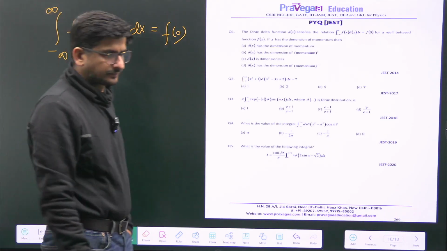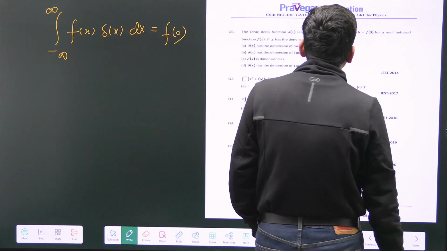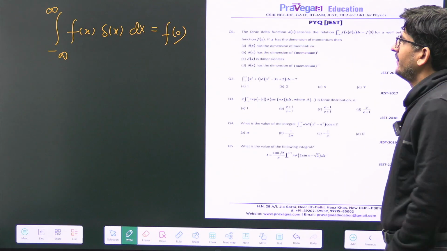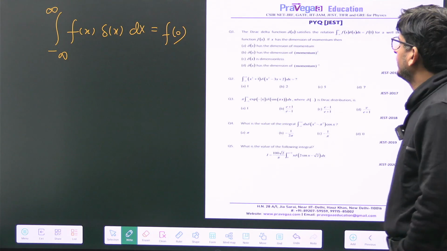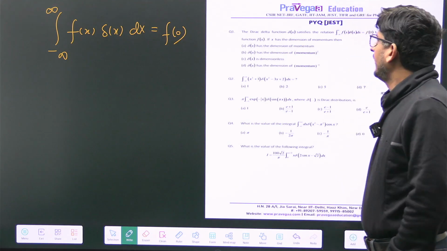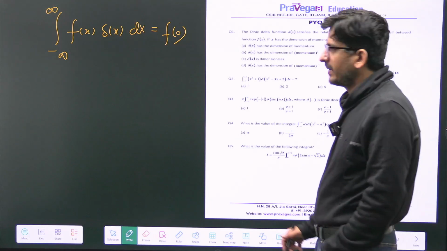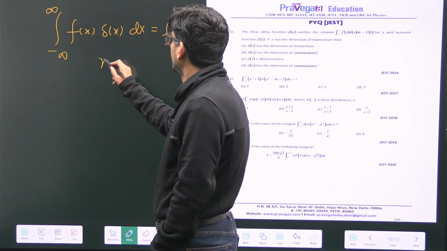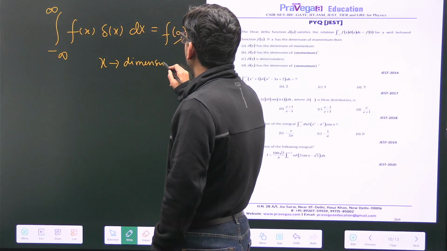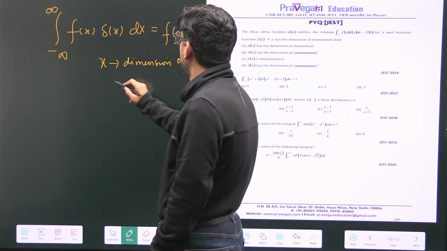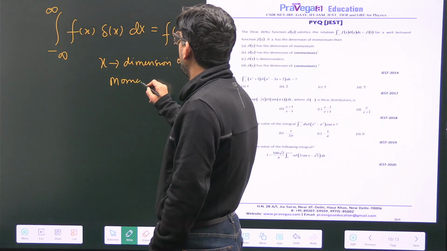Obviously, ये तो normal equation है. And f(x) is given. It is a well-behaved function. And they are saying that x has dimension of momentum.